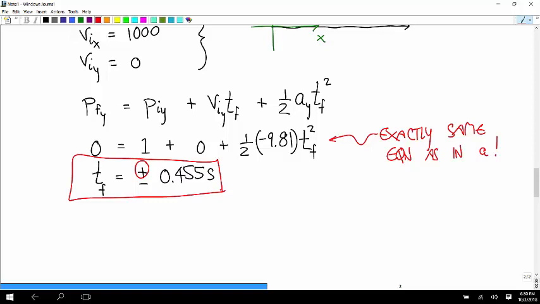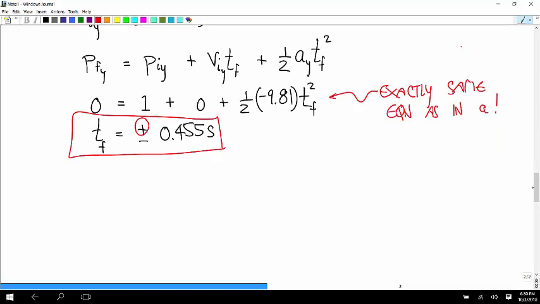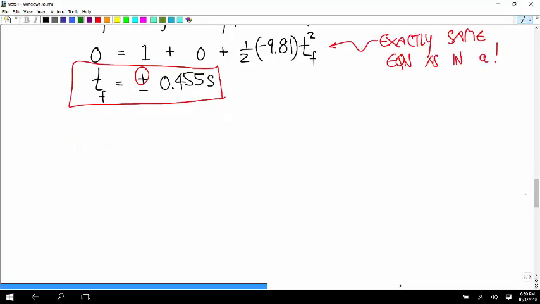Yes? Why did you put 0 for ax? Is it because they don't care? Or excuse me. I did that because, first of all, if you always put your y-axis of your coordinate system up, then the components are always going to be ax is 0, ay is negative 9.81. And you can see why that is if you draw the coordinate system.